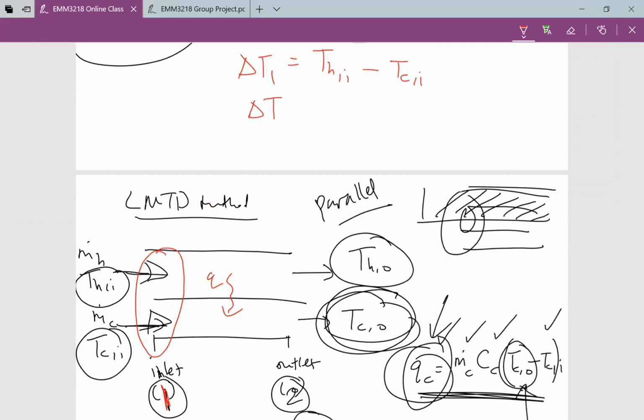And delta T2, at the outlet, is the temperature difference here: T hot outlet minus T cold outlet.